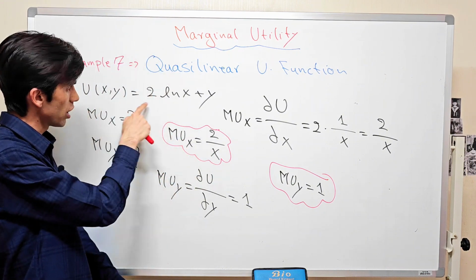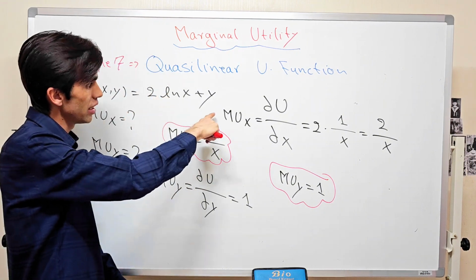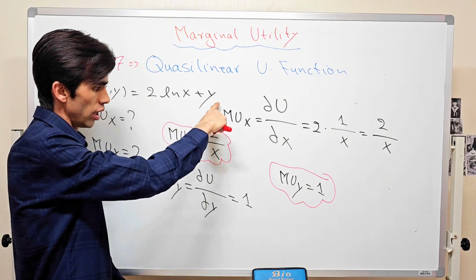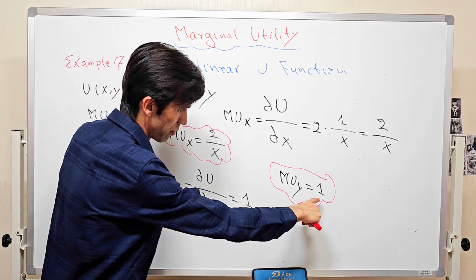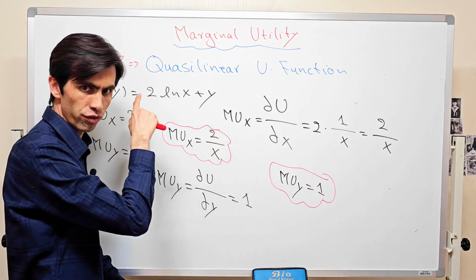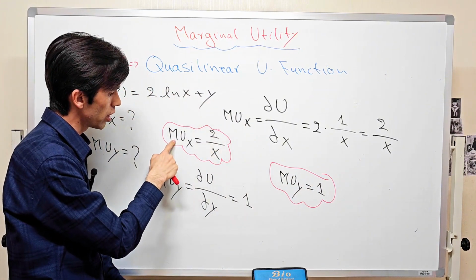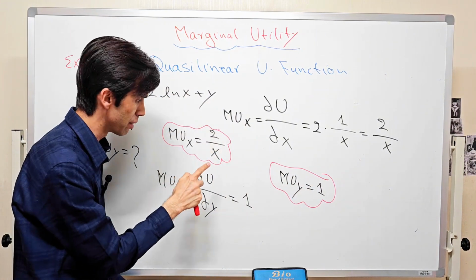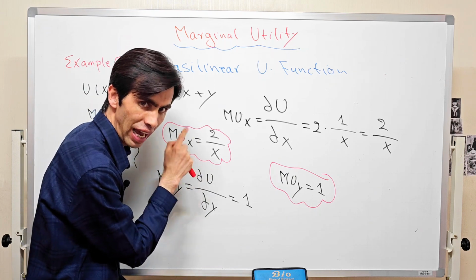As you see here, this utility function is non-linear in x, but linear in y. So the marginal utility of y is just a fixed number, which is the coefficient of y. But the marginal utility of x is not just a fixed number, it depends on how much x we already have.